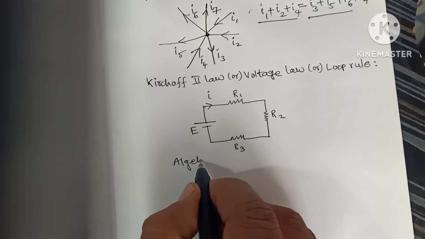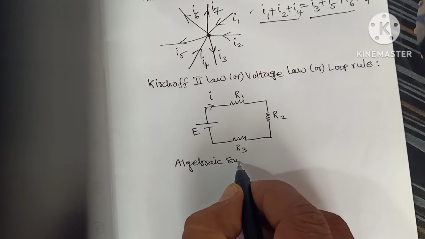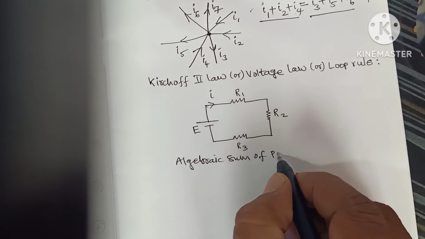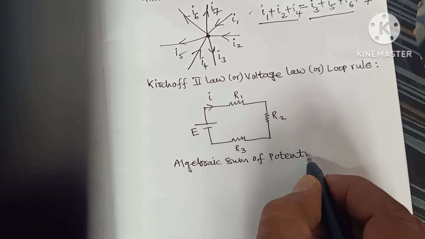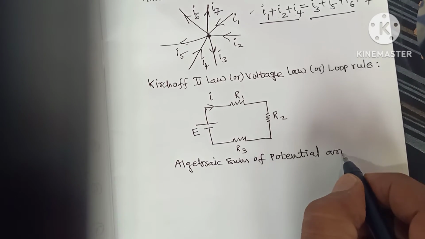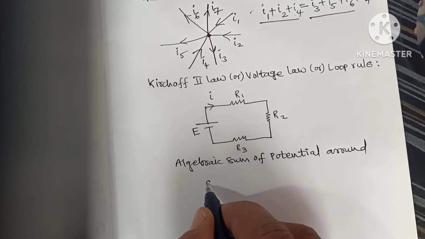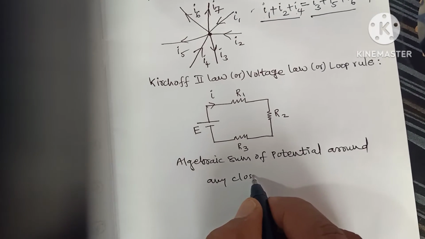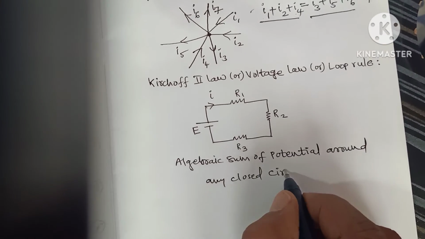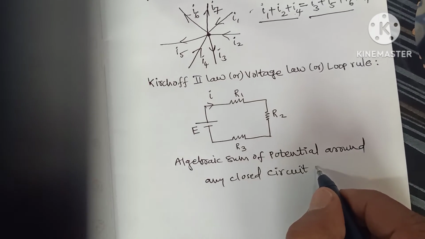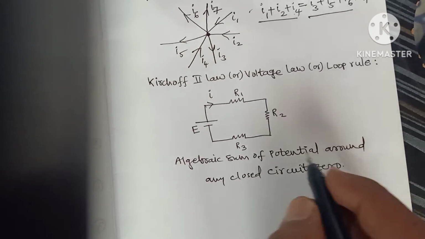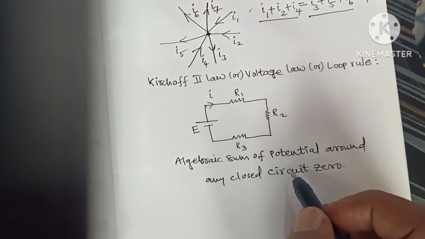Algebraic sum of potentials around any closed circuit is 0. Now we'll see what actually this statement means.